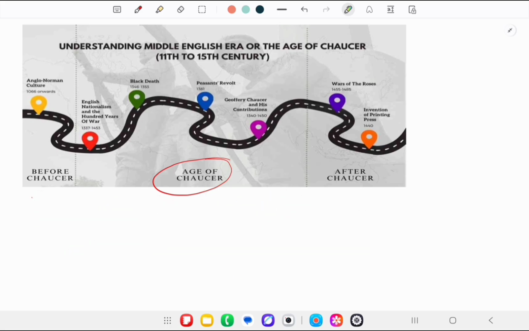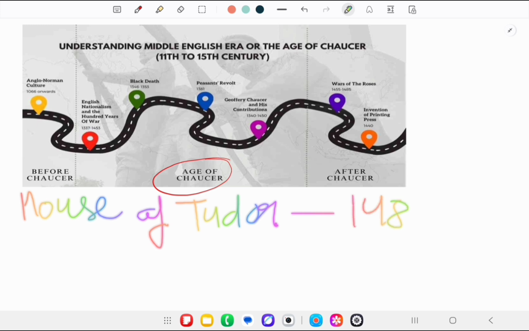While the English Renaissance began with the ascent of the House of Tudor to the English throne in 1485.